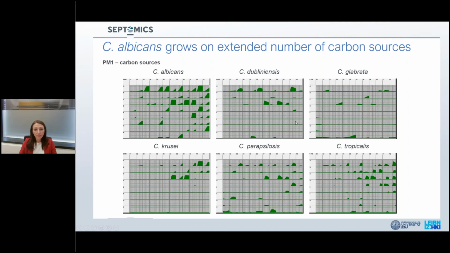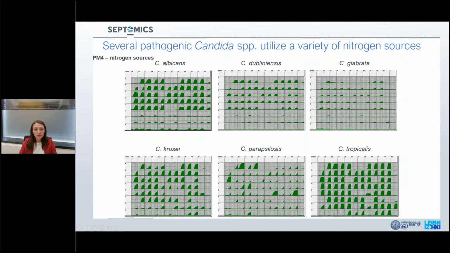But when we looked at the utilization of nitrogen sources, what we noted is that not only Candida albicans, but also Candida krusei and tropicalis are exceptionally fit, tropicalis is very well fit in utilizing a great variety of different nitrogen sources.